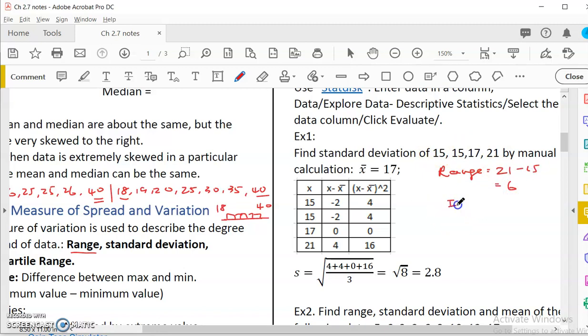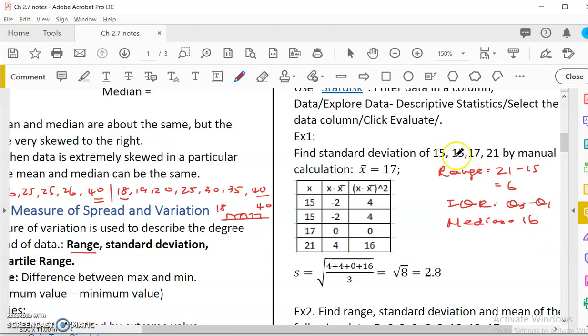If you want to find IQR, what is the median? The median is 16, right? We need Q3 minus Q1, so we find the median first. The median is the middle mean, so it's 16.